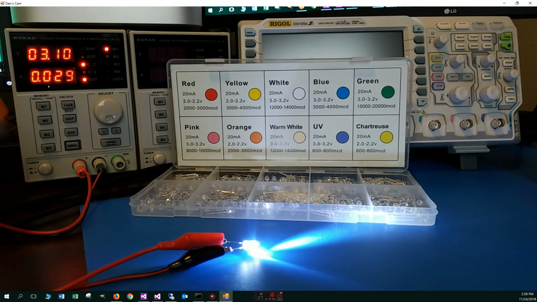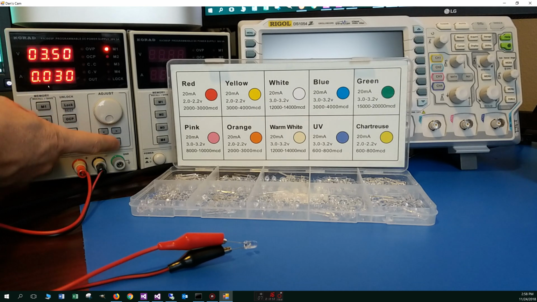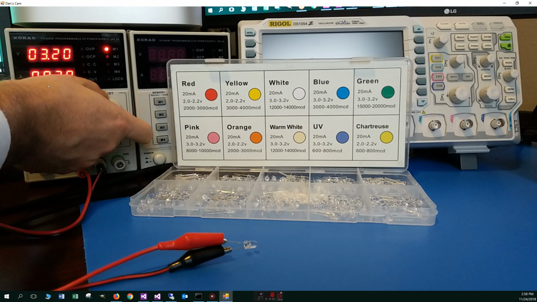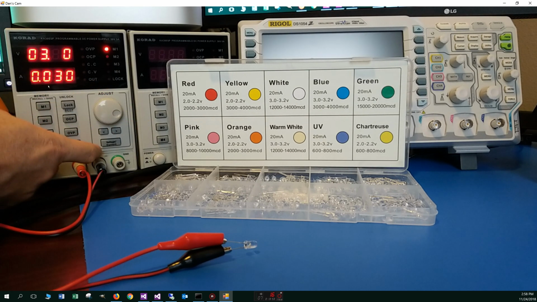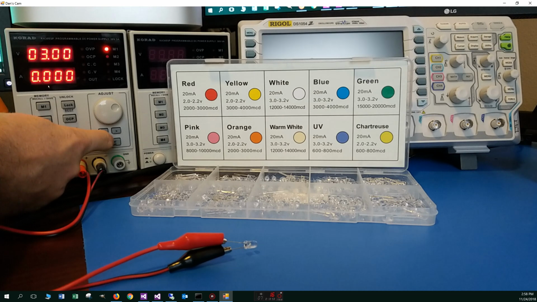All right, let's go ahead and get ready for some frying action here. Let's go ahead and burn this thing up. So we're gonna bump our voltage back down to 3 volts, and we are going to adjust the max amperage up to 1 amp.